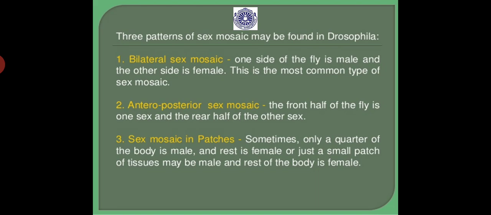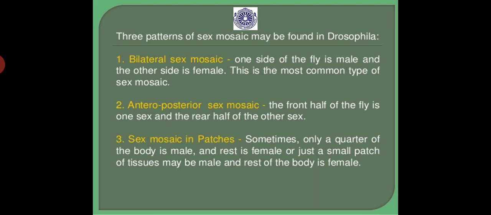Sometimes only a quarter of the body is male and the rest is female, or just a small patch of tissue may be male and the rest of the body female. As male and female characters are expressed in patches in different regions of the body, the mechanism is called sex mosaic in patches. However, these latter two types are not generally seen.